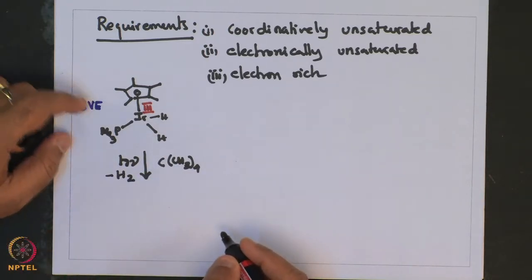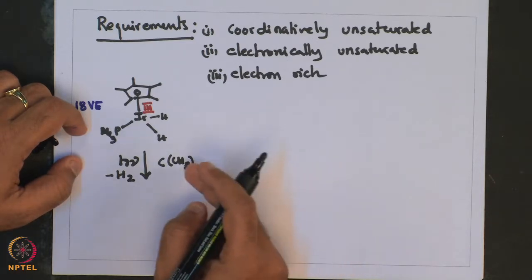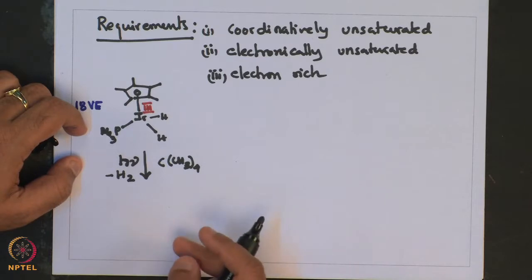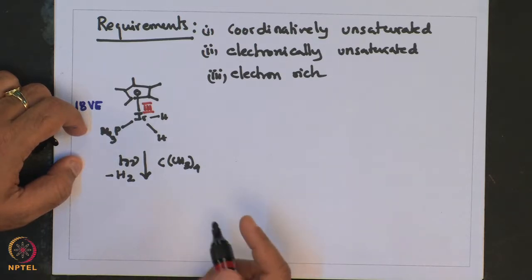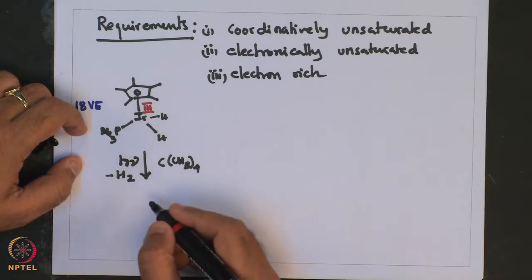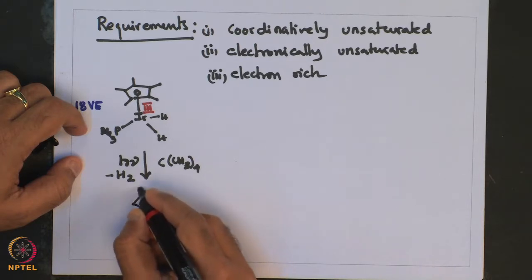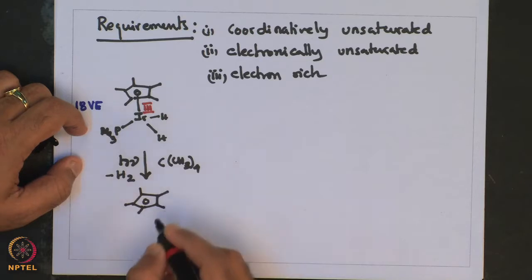This makes the compound coordinatively as well as electronically unsaturated, and to this the alkane would bind, and while binding would undergo oxidative addition reaction, resulting in the corresponding iridium 3 complex as shown below.